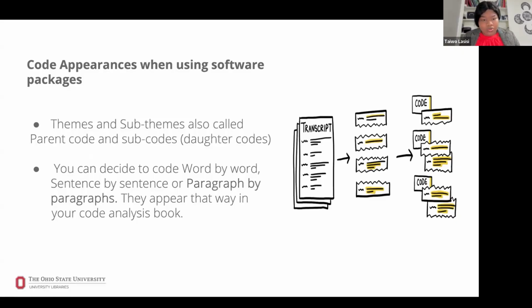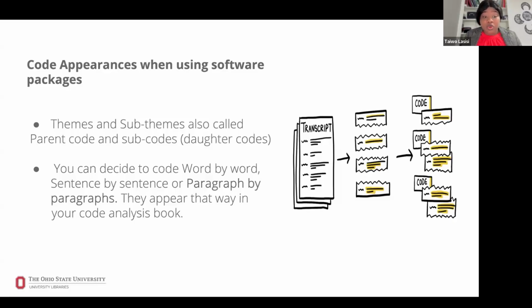You can decide to code word for word. That's actually impossible, but for the sake of professionalism I have to mention it. But that's going to be a lot. Nobody codes word for word, but you can decide to code sentence by sentence, or paragraph by paragraph.